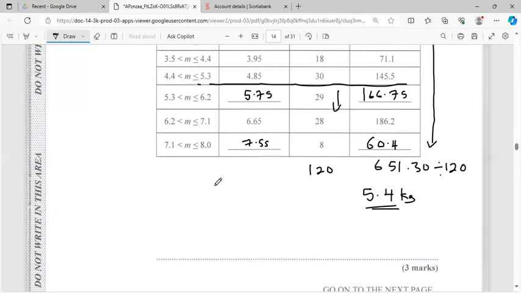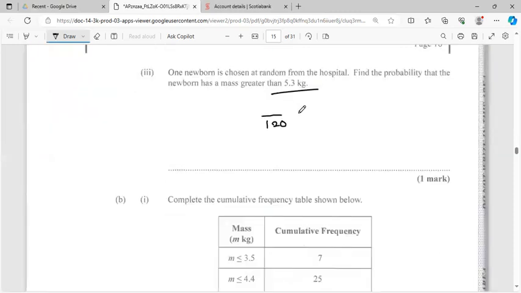So all we have to do is add it here, so I'm using the calculator. 9 and 8, 17, and 25. So that was 65 over 120. We can break it down.